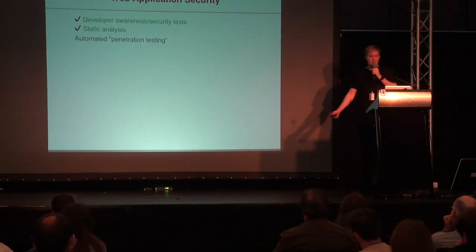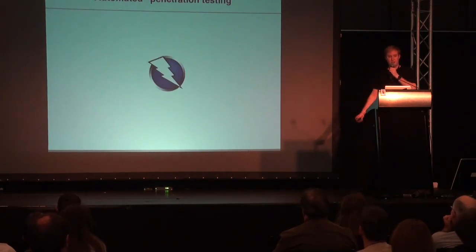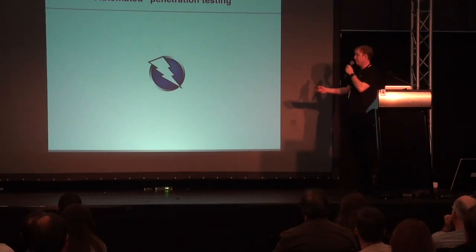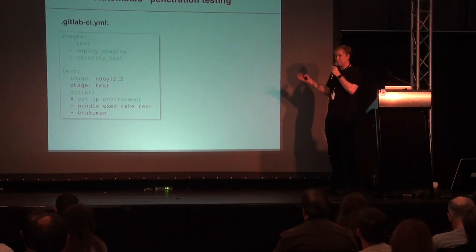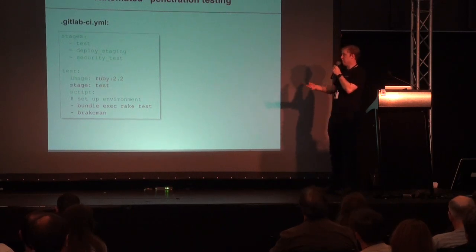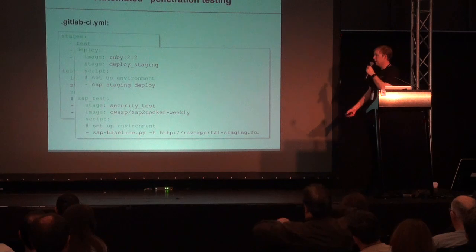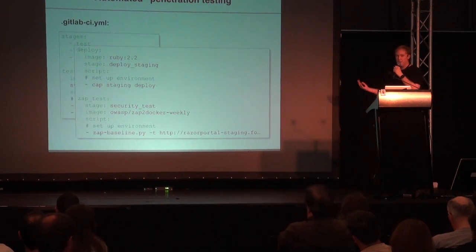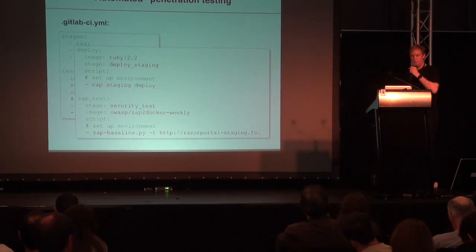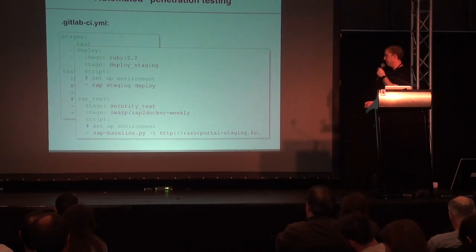Automated pen testing. For that I'm using ZAP, the Zed Attack Proxy. So I take my GitLab CI from the basic one that I had earlier. I put multiple stages on the build. I deploy it to a staging server using Capistrano, which is a Ruby on Rails tool for deploying builds.